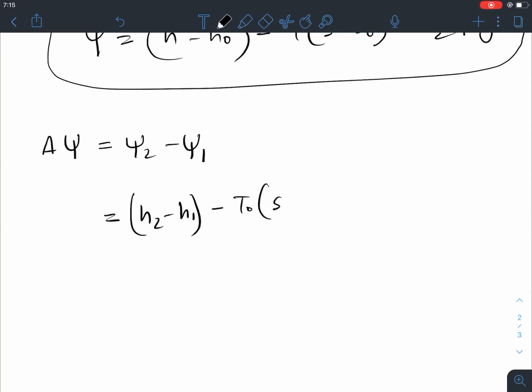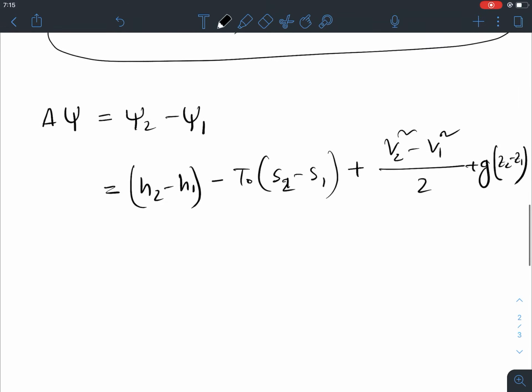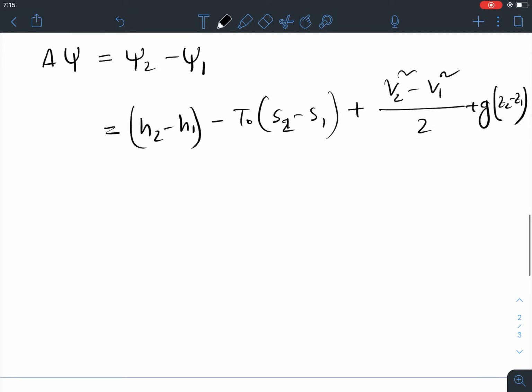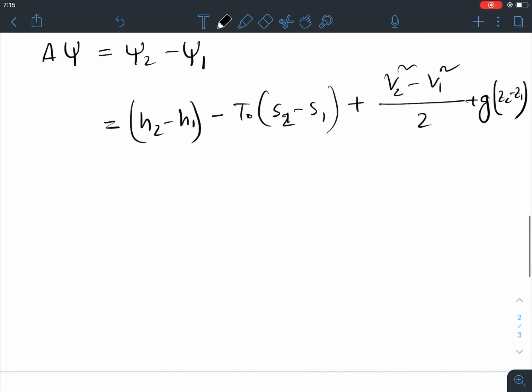Basically it will become H2 minus H1 minus T naught times (S2 minus S1), plus the change in kinetic energy, (V2 squared minus V1 squared) divided by 2, plus the change in potential energy, g times (Z2 minus Z1). That's the expression for exergy change.